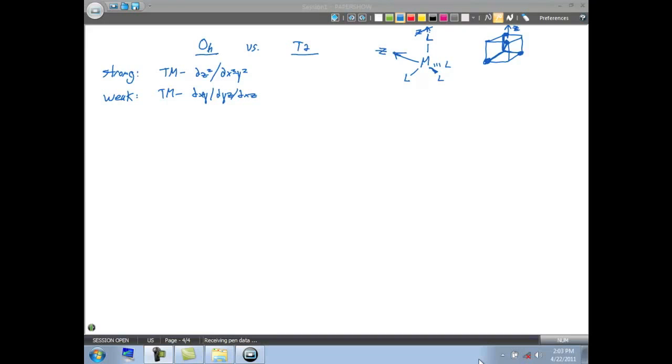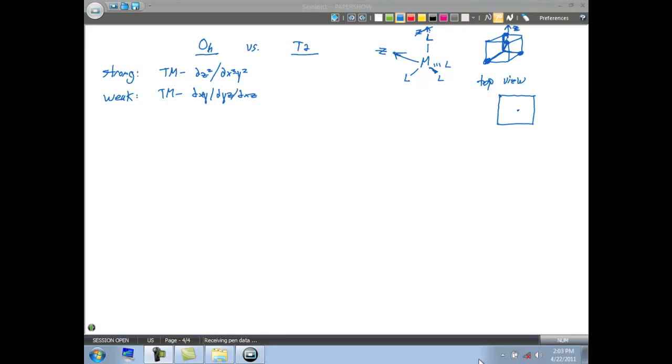An easier way to do this would be to look straight down the top through this point of the cube. So if we looked at a top view, this is really going to illustrate our strong and our weak interactions in terms of the orbitals that are going to overlap the best with this.